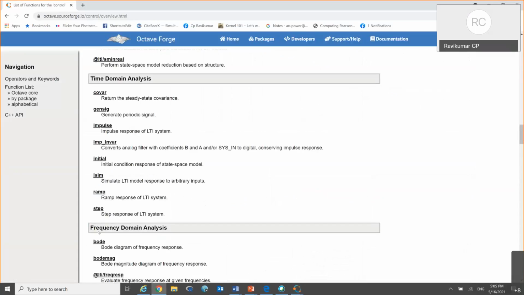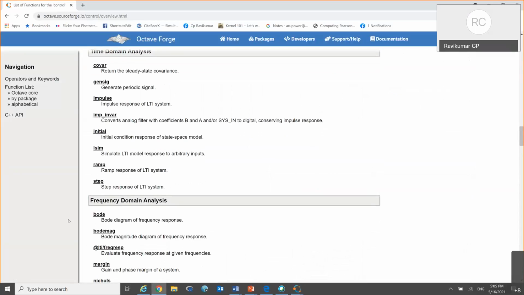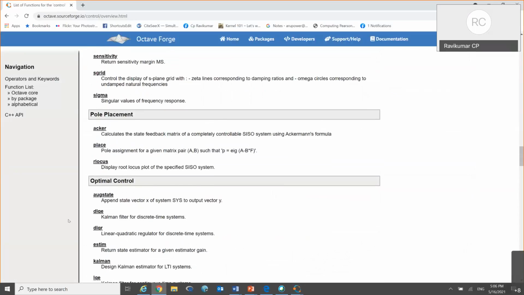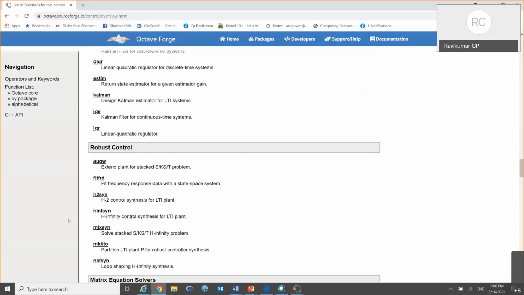Bode we already saw, right? You may be able to see the poles and zeros. I don't know, it's available.